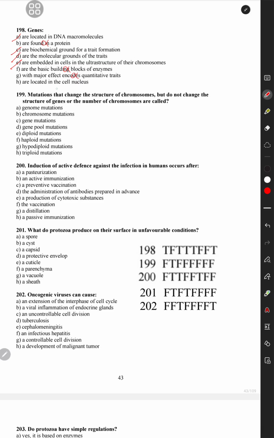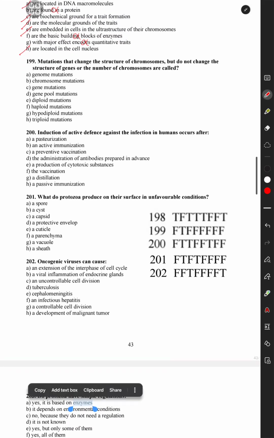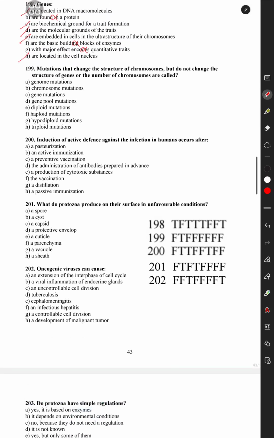Are located in the cell nucleus. Are found in a protein? No. Basic building blocks? No. Encodes quantitative traits? No.